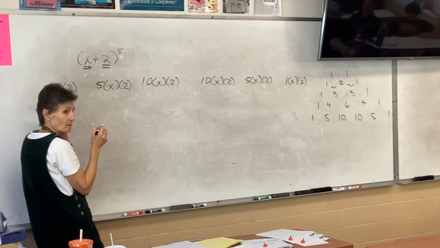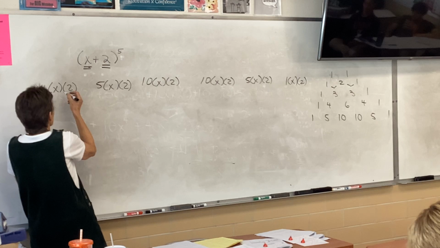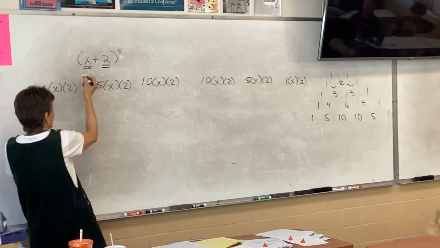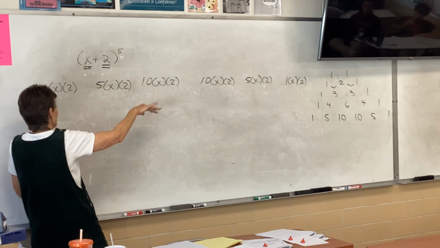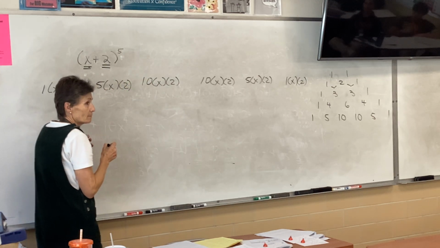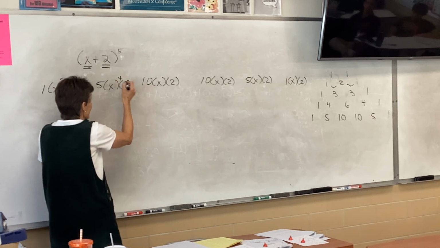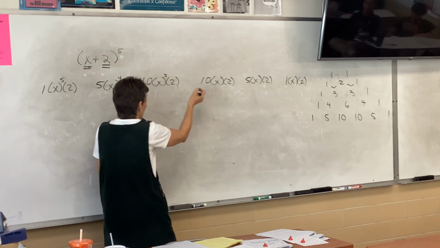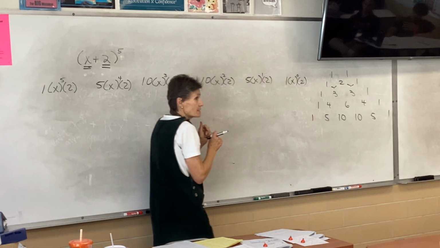Anybody write that down? No? Okay, I told you not to. So just think about it. If you foiled this out all the way, wouldn't the biggest x be x to the 5th? And then as you go down the line, they decrease by 1, till you get to the end, and finally it's a 0.